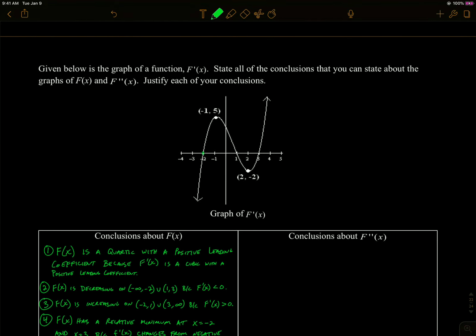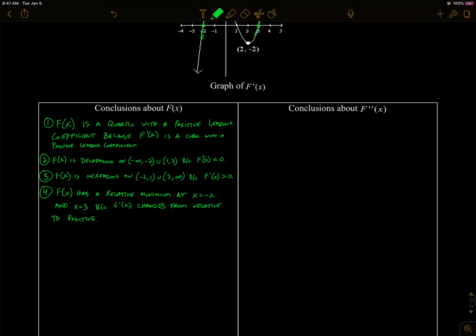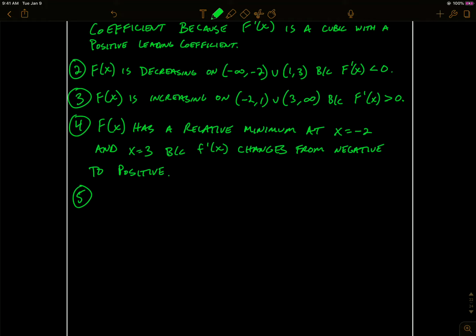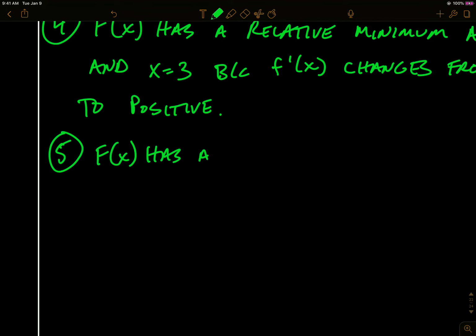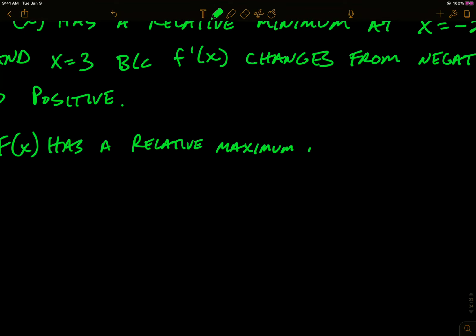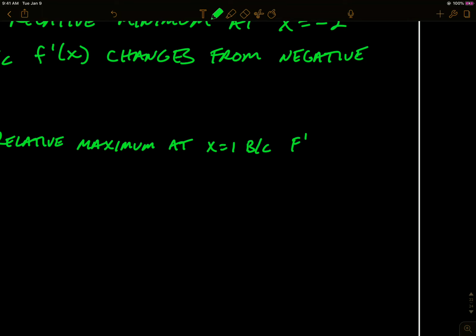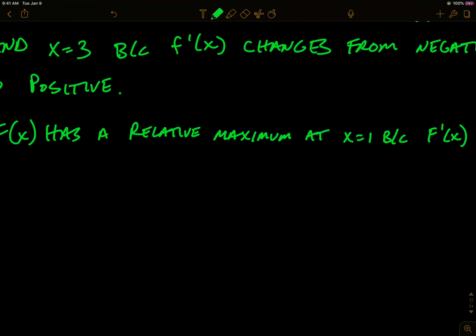So anywhere we change from negative to positive, and again here at 3 we change from negative to positive, that's going to be a relative minimum on f. So we're going to do the vice versa. f of x has a relative maximum at x equals 1 because the derivative changes from positive to negative.